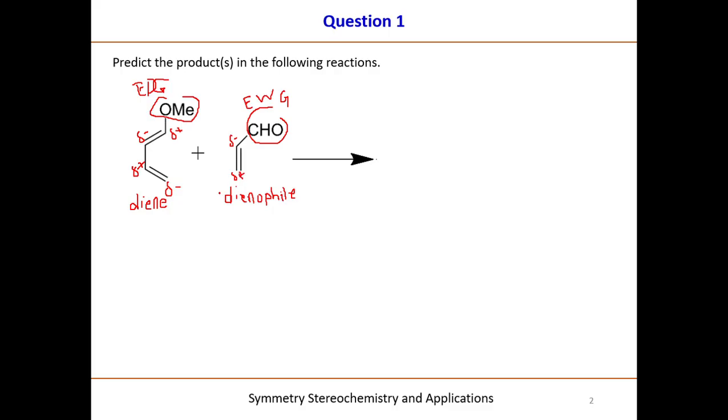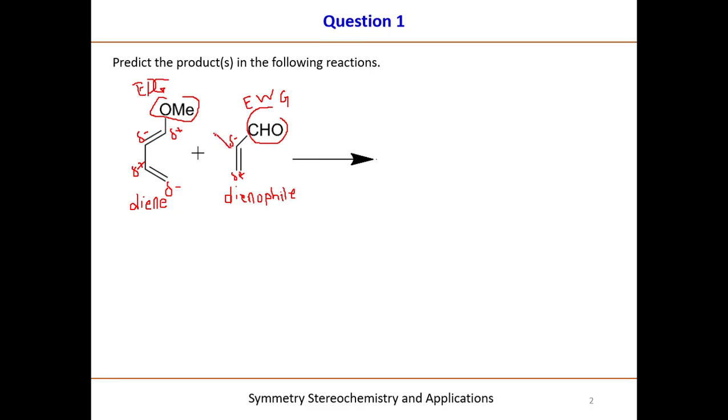How will the bonding take place here? Which will be our major product? Because here we have positive charge and here negative charge, they will interact with each other to give the desired product.